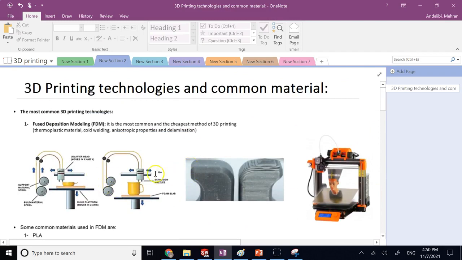And the base of it is you have a spool of plastic, what we call a thermoplastic material, which under heat undergoes plastic deformation and you can form it. So you have a motor at the hot end, at the head or extruder.